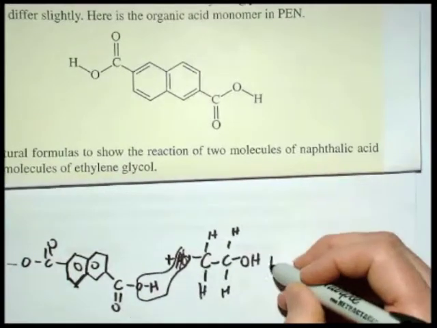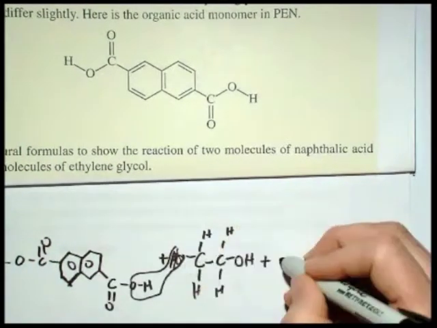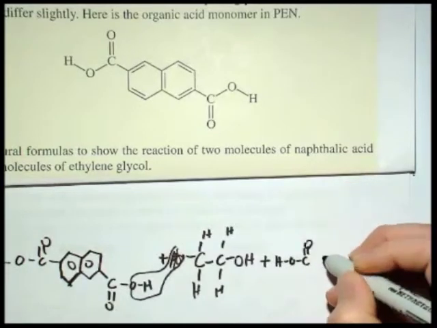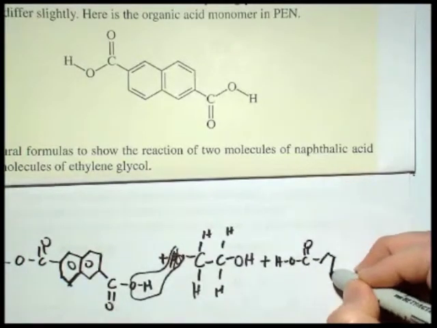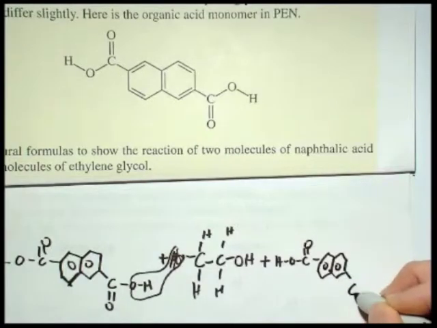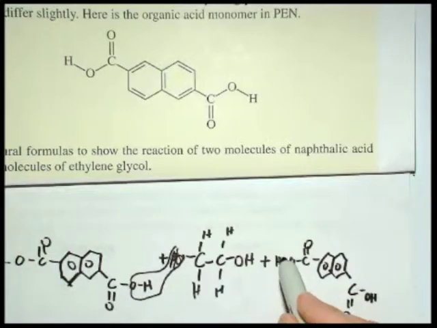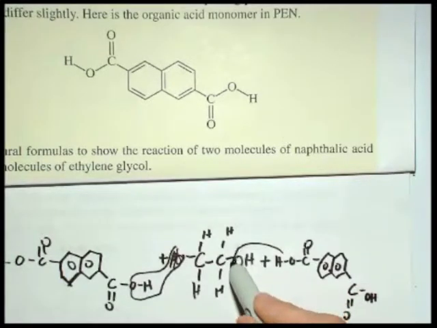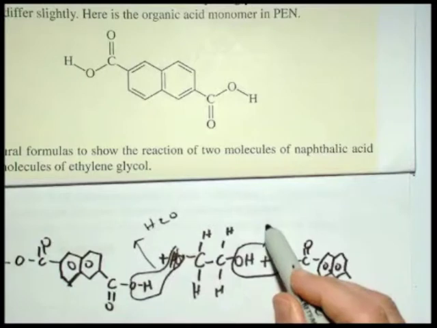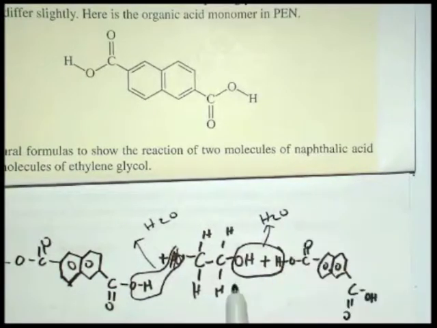Okay, and then if you add another one, the acid group, then the naphthalene. This is going to join up right here to give another split off of water. This is going to split off water, this is going to split off water, and we'll have this ester here.